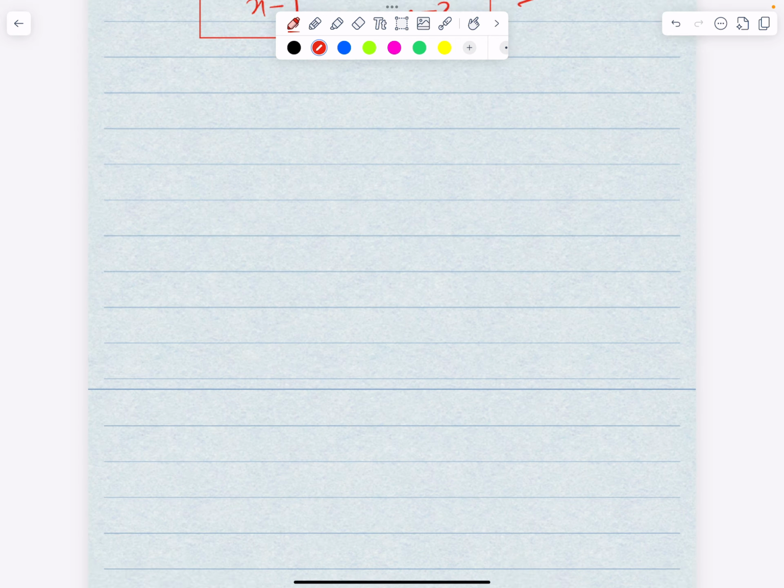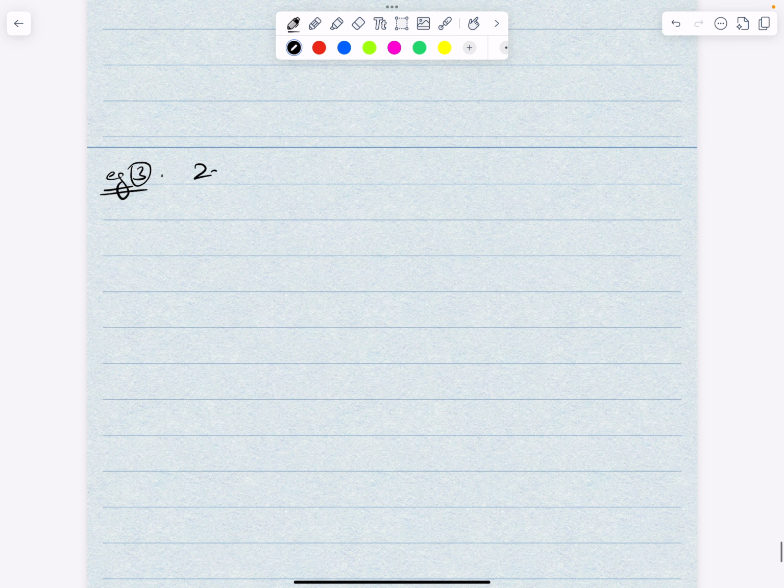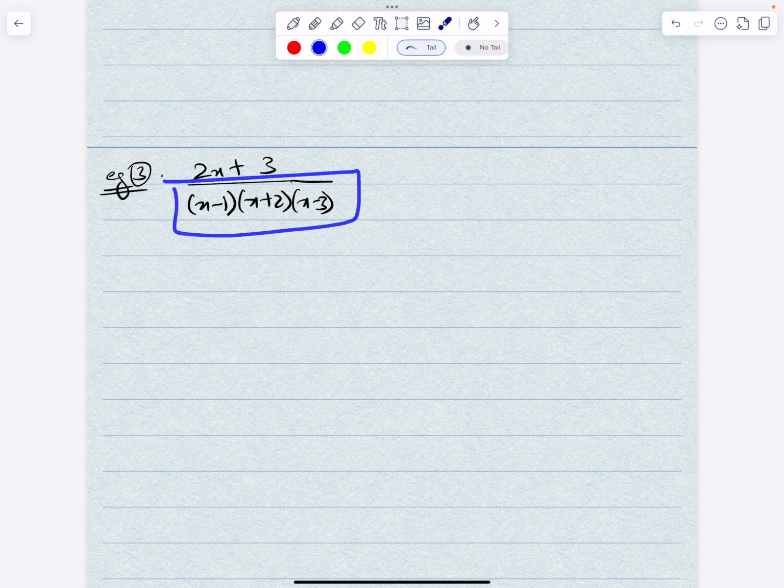And then it's our last and final example: (2x + 3) over (x - 1)(x + 2)(x - 3). The denominator is again in factorized form, but I have 3 factors.